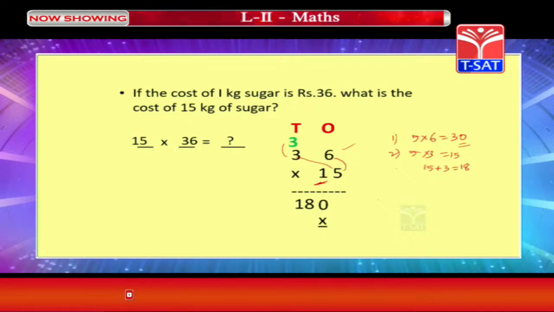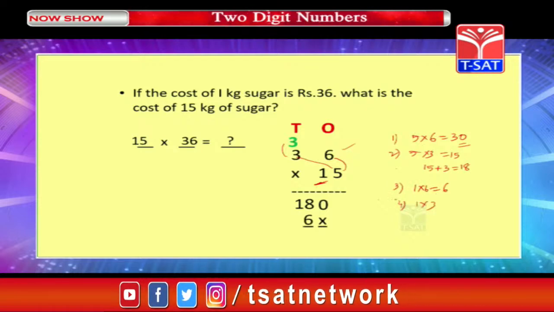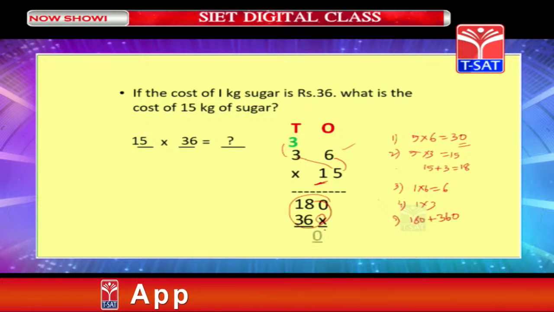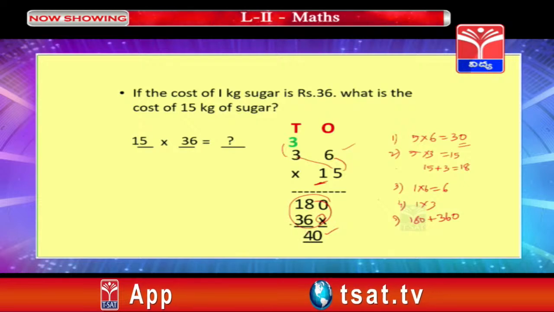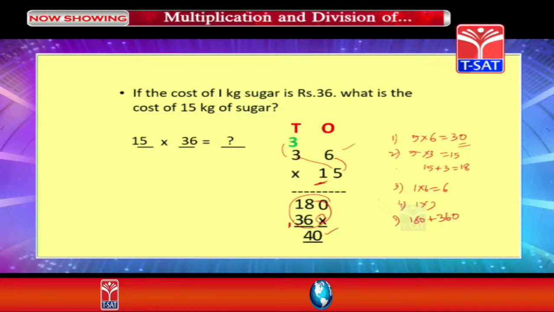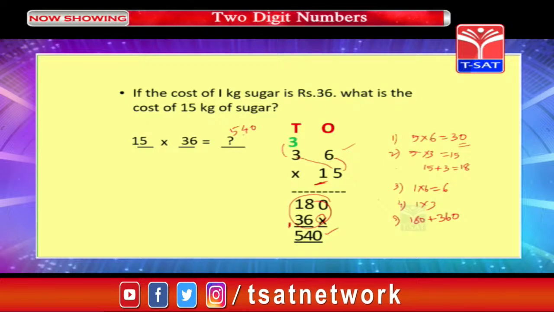So, 1 six is 6, and next, fourth step, 1 into 3 is 3. So, 0 plus 0 is 0, 8 plus 6 is 14, carry 1 here, and 1 plus 3 is 4, plus 1 is 5. So, 15 into 36, we got 540.